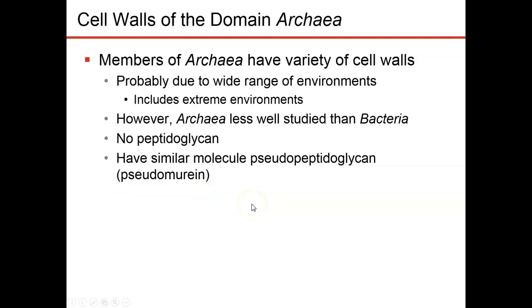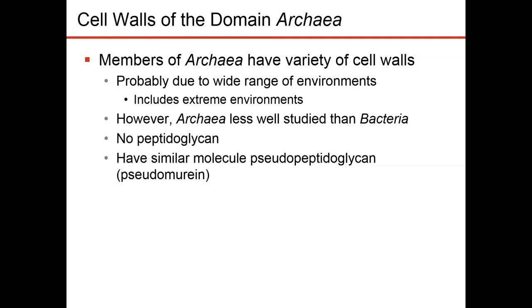So when we look at the Archaeans, they have different structures in their cell wall. So they don't have the peptidoglycan, but some do have a similar molecule, so similar in structure, but not exactly the same, which is known as either pseudopeptidoglycan or pseudomurein.